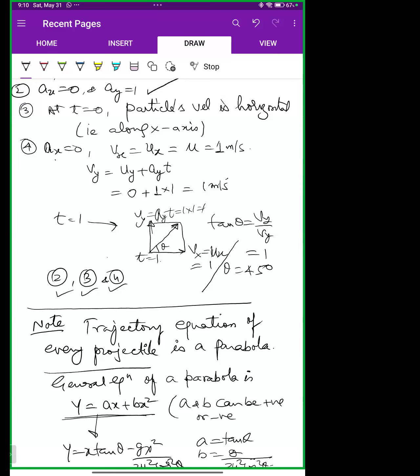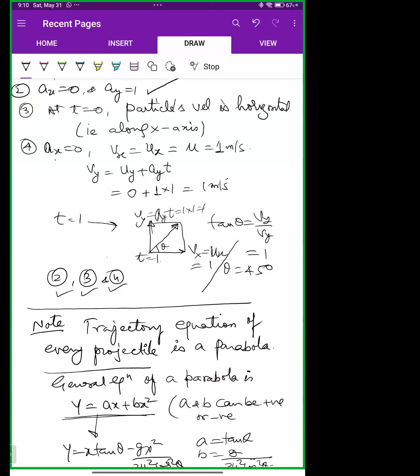Sir, I have a doubt. When we take trajectory, we never calculate x direction acceleration, right? Well, see, projectile is defined as projectile motion. In the first class of projectile, it was given that ax is 0 and ay is some constant value.